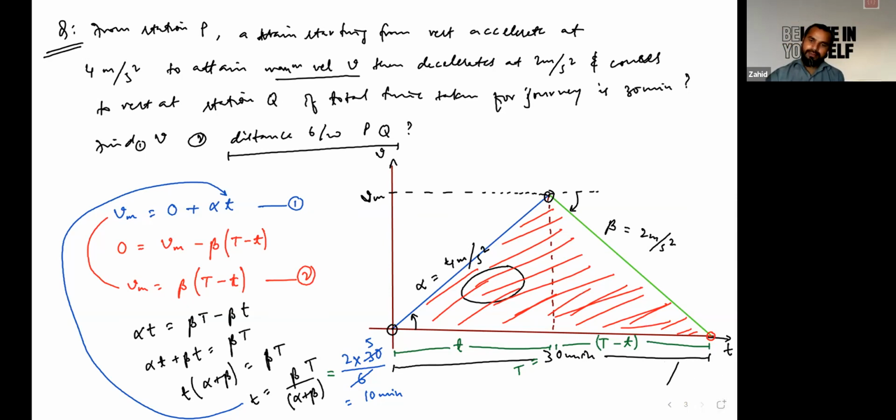This is depicting our triangle and area of triangle is half base into height. Base is the total time taken, which is 30 minutes. So just multiply it by 60. And h is V max. As we have calculated, it is 2400 meter per second. Okay. Khalid, you haven't calculated the term in their SI unit. You have to first convert time from minute to second.